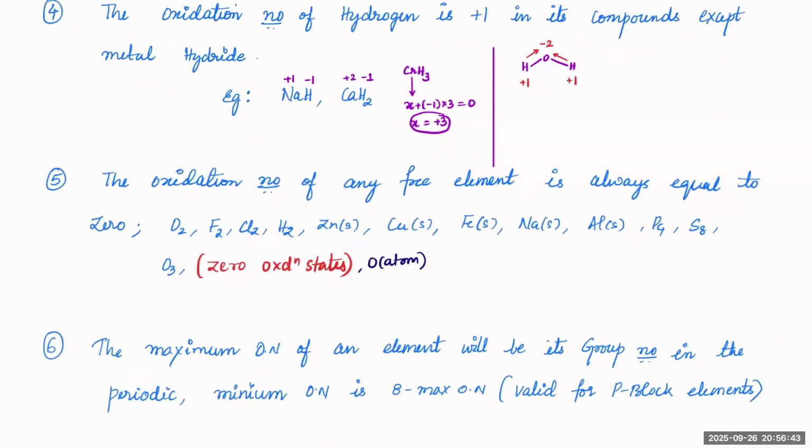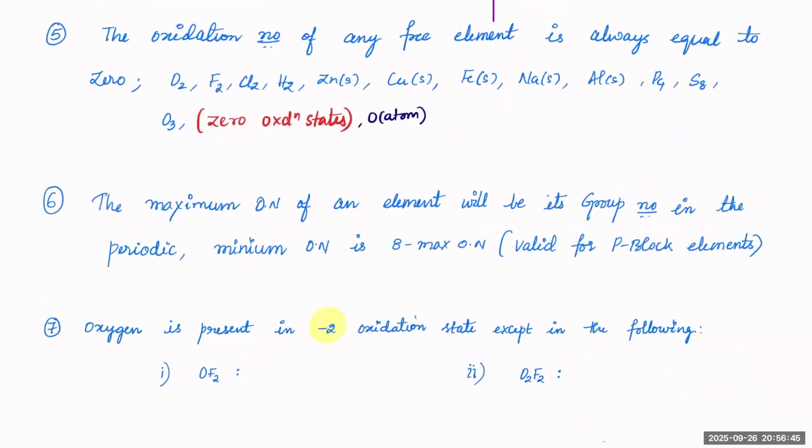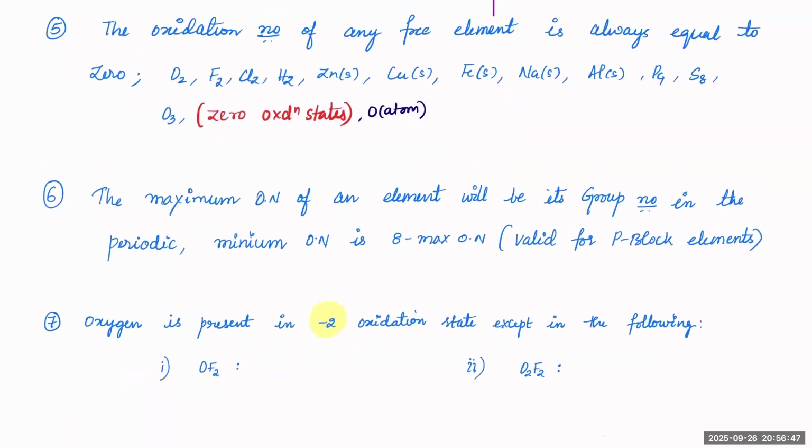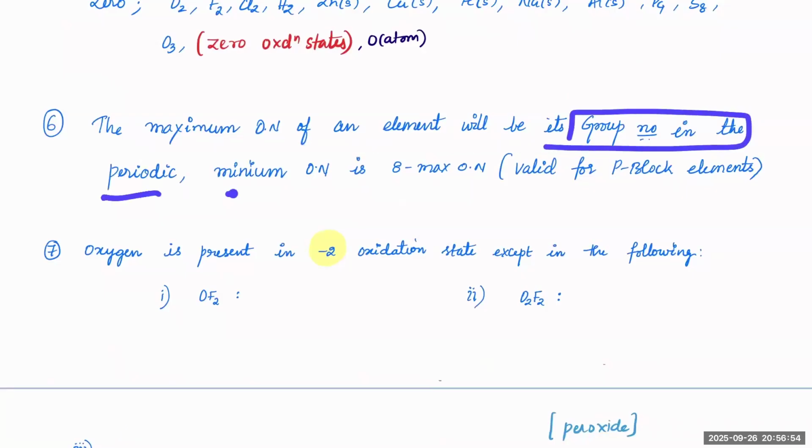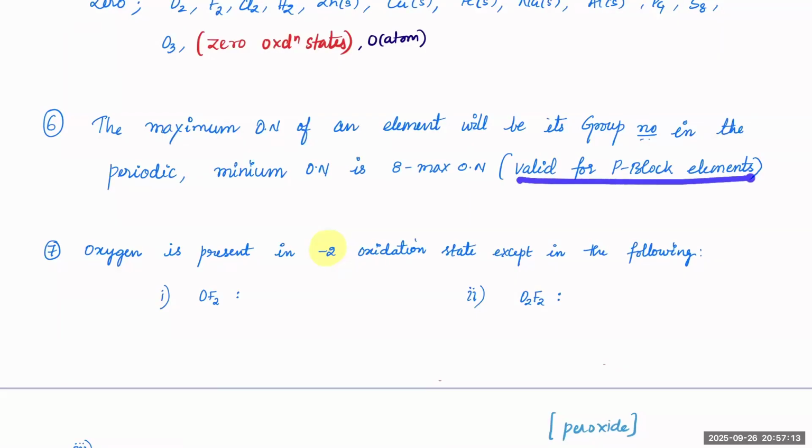Got it? Next, the maximum oxidation number of an element will be its group number in the periodic table, or the minimum oxidation state is 8 minus the maximum oxidation state. Because in certain cases you could have multiple oxidation states observed, and this is typically valid for p-block elements.